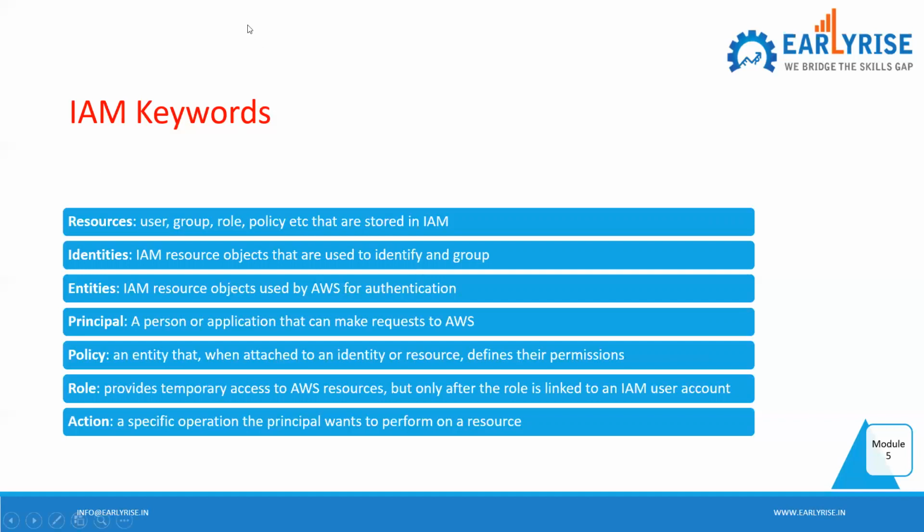Similarly, we have resources here: simply user or group or role or policy. So when I say the IAM resource, you will understand it means user or group or role or policy. Whatever is stored in IAM as an object is called a resource: user, group, role, or policy.